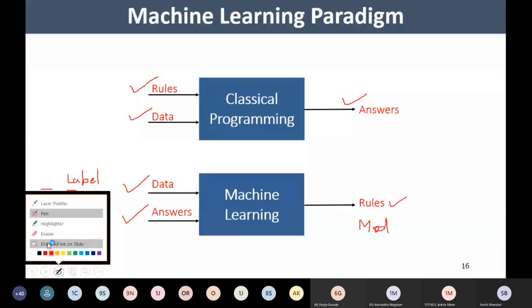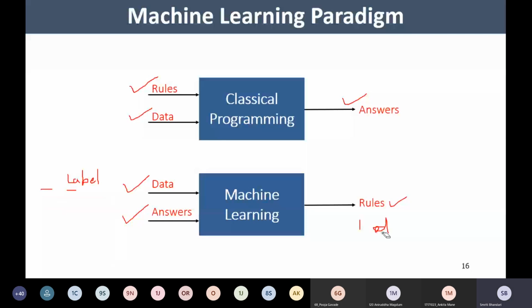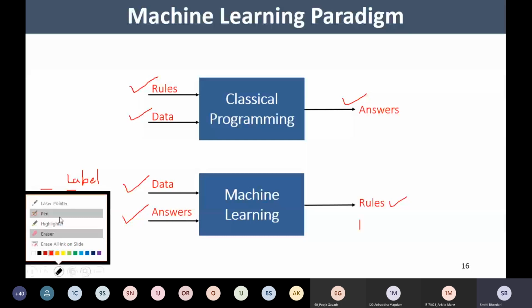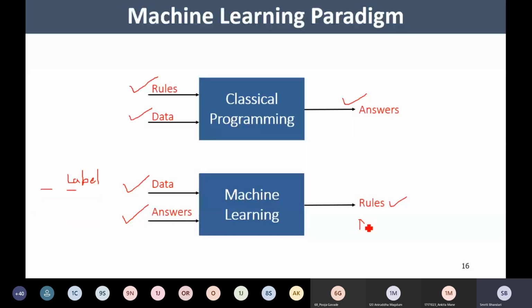Correct? So my machine learning systems are going to build models for us based on whatever labeled data we are providing. Okay? So this is how our machine learning systems will work.